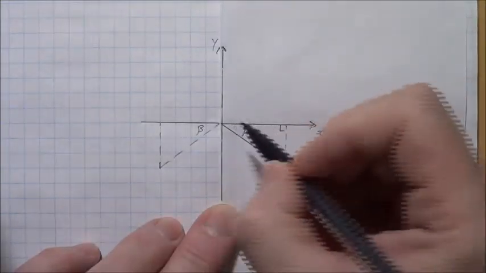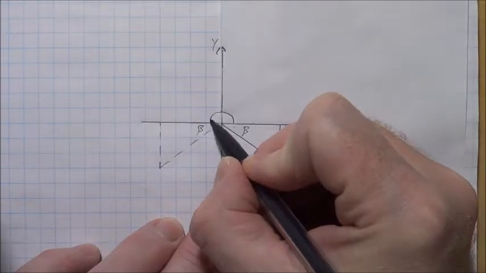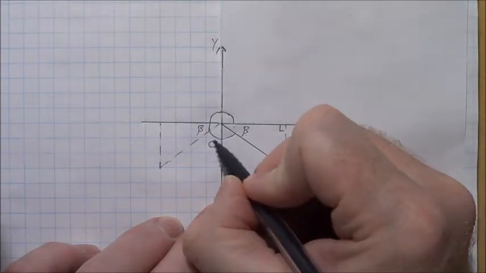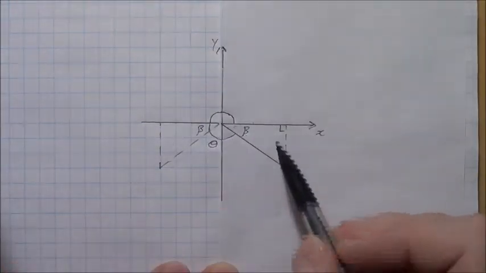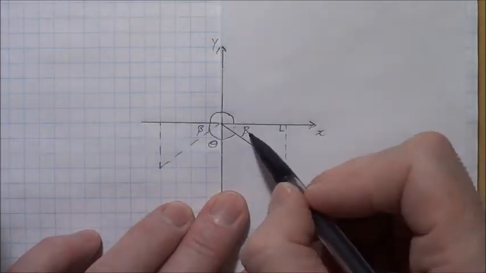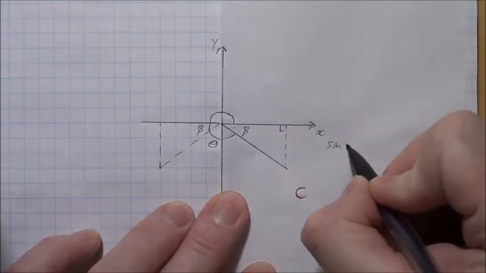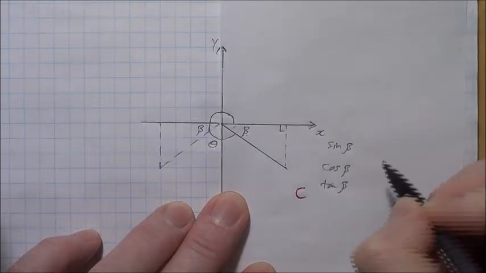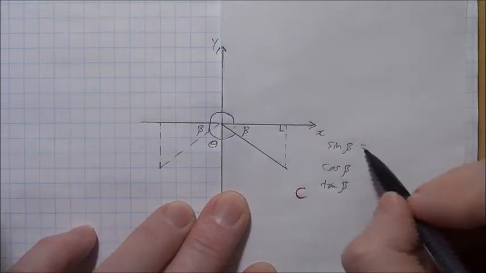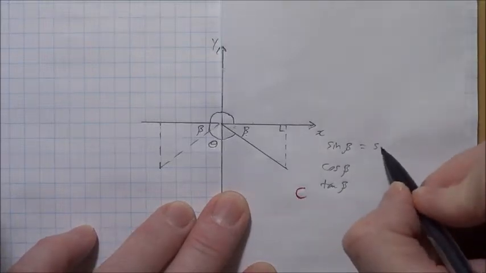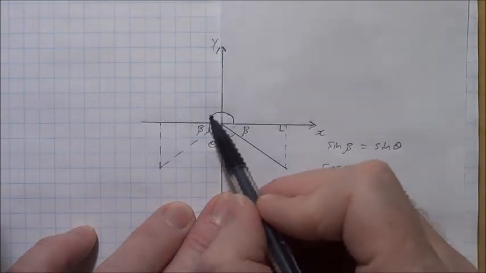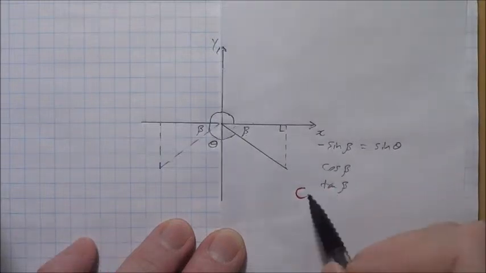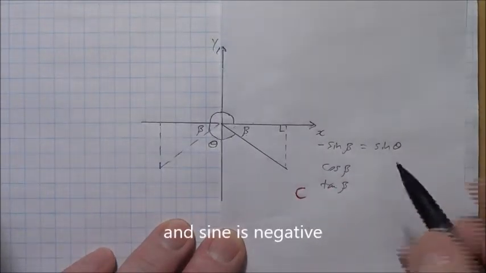So now the angle theta, the actual angle we're interested in, is rotated from the positive x-axis still around to the terminal arm in the fourth quadrant where only cosine is positive. We take the sine of angle beta, the cosine of angle beta, and the tangent of angle beta, and we know that sine theta, the sine of this whole angle as rotated around from the positive x-axis, is going to be negative sine beta because this is the quadrant where cosine is positive.